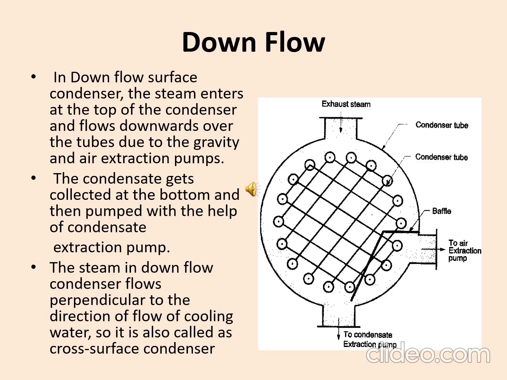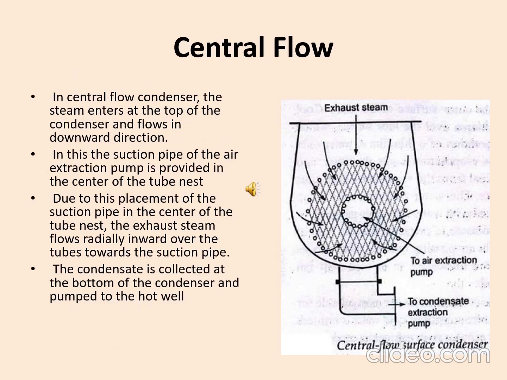The cooling water passes through the lower half of the condenser and goes out in the upward direction, in the upper half of the condenser. So this is the total working of our surface condenser.